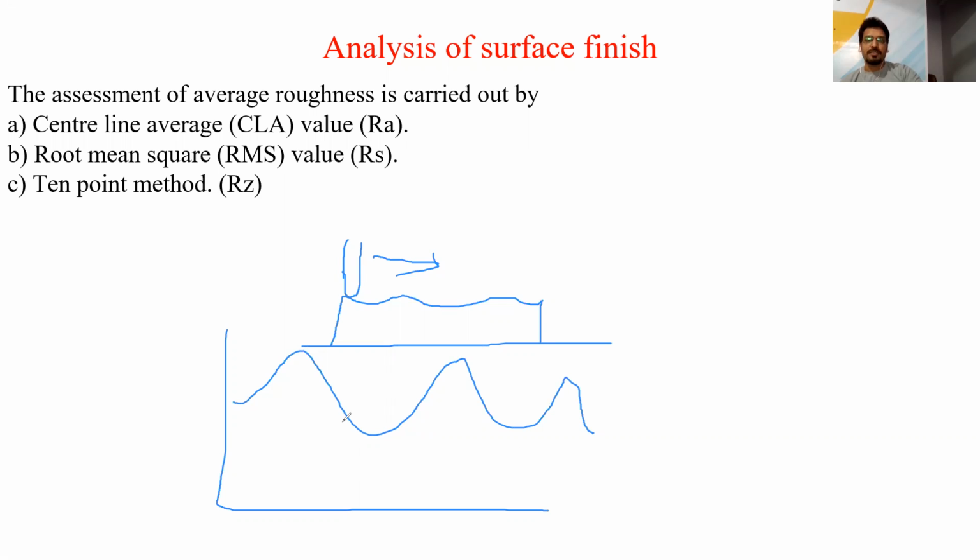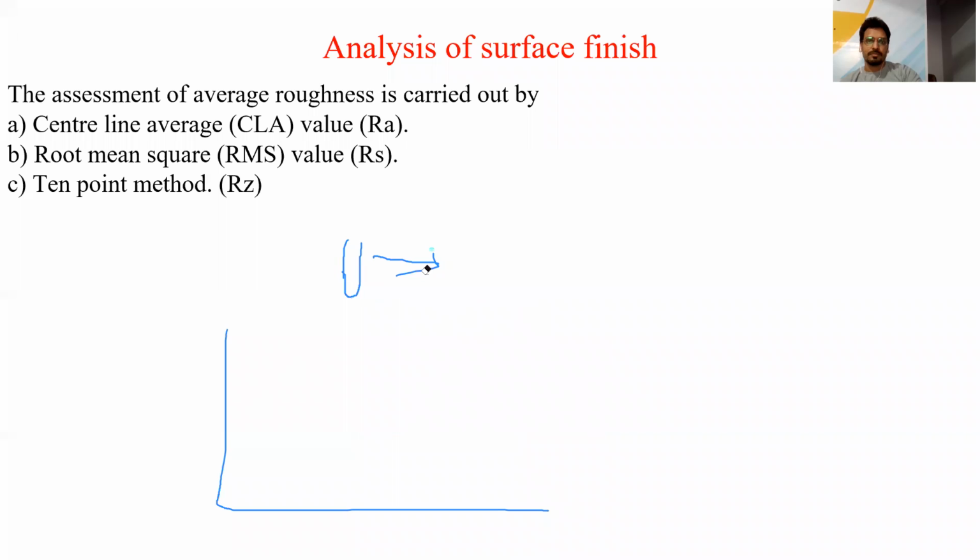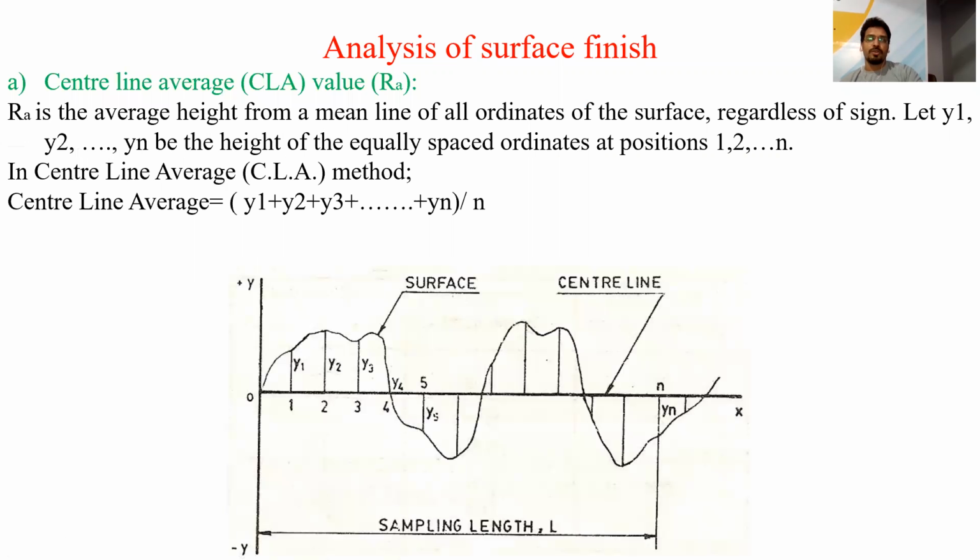So first we will discuss the center line average method, that is the RA method. In the center line average method, RA is the average height from a mean line of ordinates of the surface, regardless of sign.